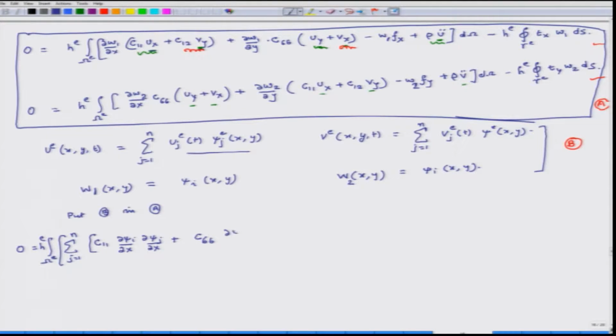So, I get del psi I over del y, and I am getting uy, so I get del psi j over del y, and this entire thing is multiplied by uj, and uj is a function of time.